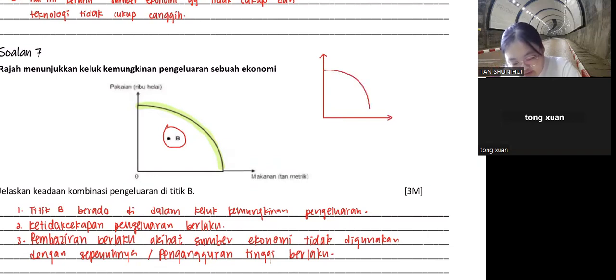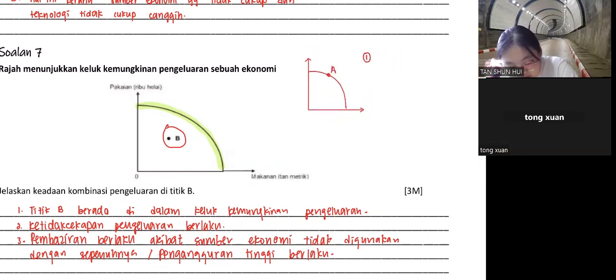They draw for you, they tell you A. Okay. Example, they ask you to explain about A. If they ask you to explain about A, then you got to tell me what. First, A is di atas keluk, on top of the keluk. On top of the keluk means what?